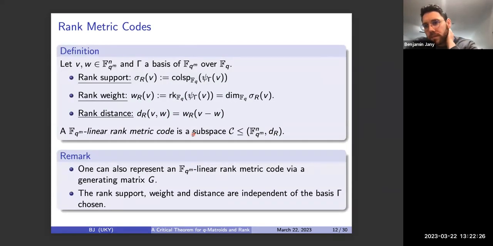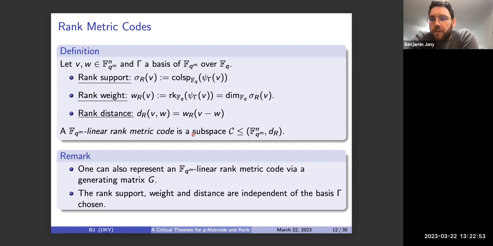So rank distance for me is kind of like the minimal number of basis vectors you need to move from V to W, or vice versa. And so it feels like if I just choose V minus W as one of my basis vectors, then I can always get a rank distance of 1 between any two vectors. Does that fail for some reason? Am I missing something here?